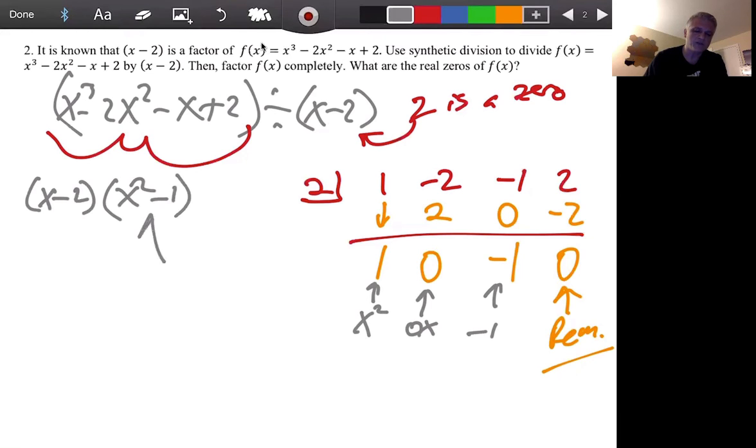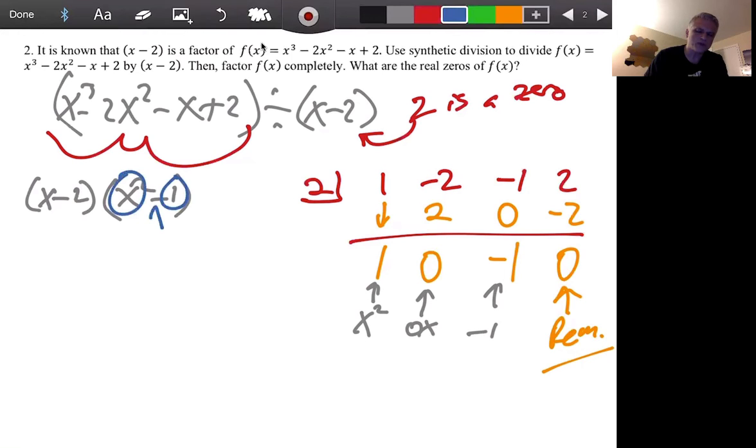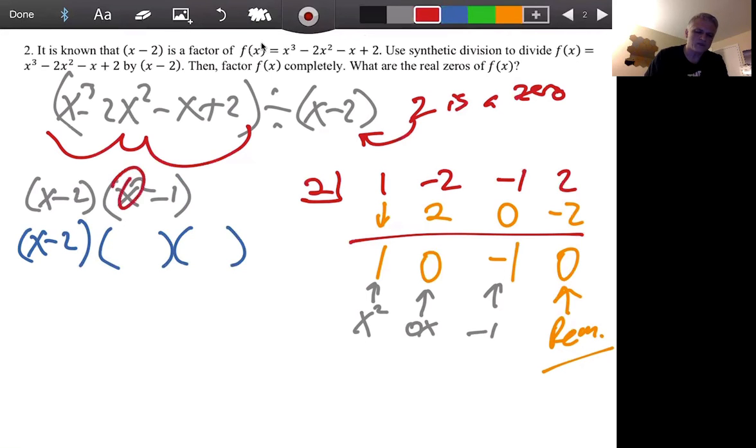Okay, this can be factored. Oh, yes, it can. It's 2 perfect squares with a subtraction symbol in between. So the difference of 2 perfect squares will give me, let's take the square root of x squared. That's x times x. Square root of 1 is 1 times 1.